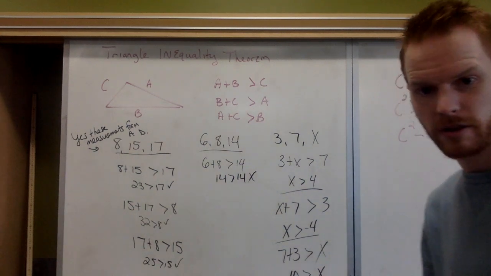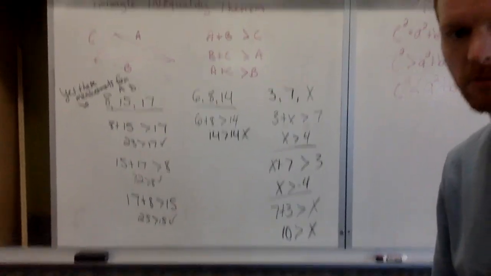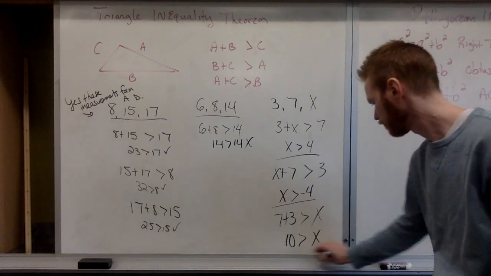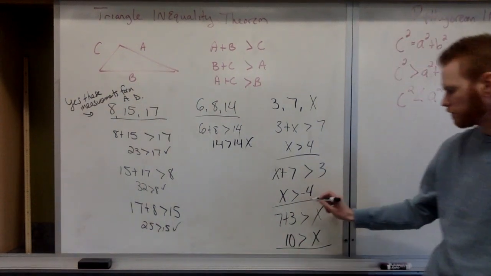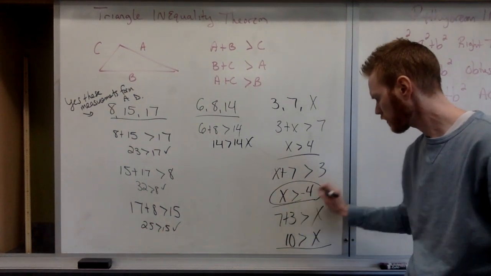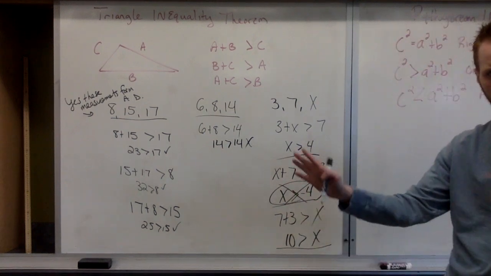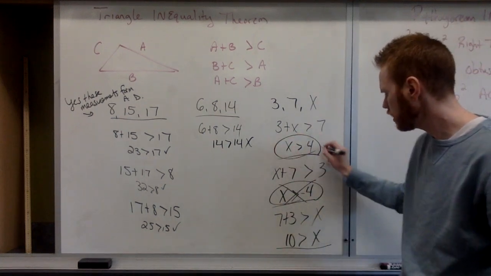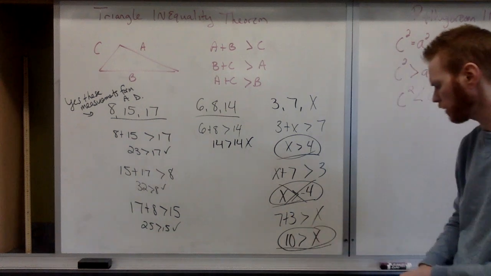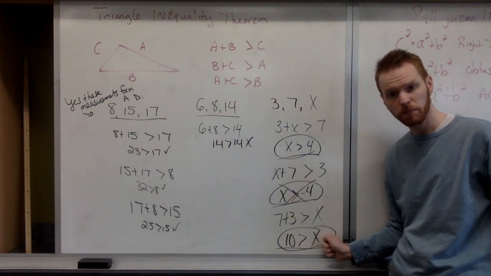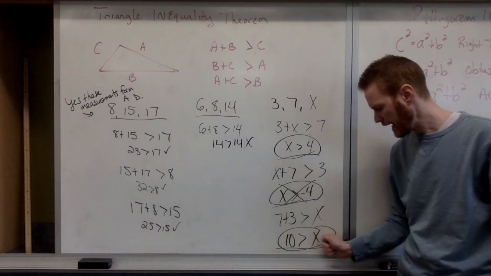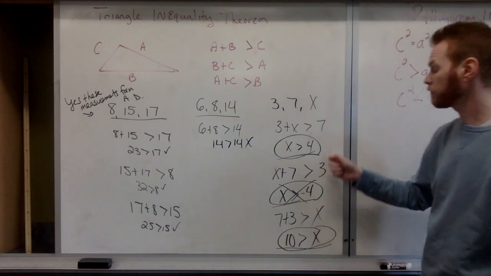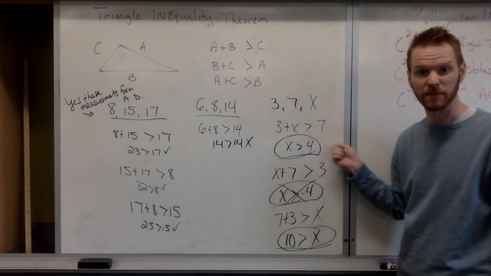Now notice, this one, we're going to cross out. It was a bad inequality. These two here are good inequalities. Look what happens. My x value, my third remaining side, has to be less than 10, and up here, my third side has to be bigger than 4.